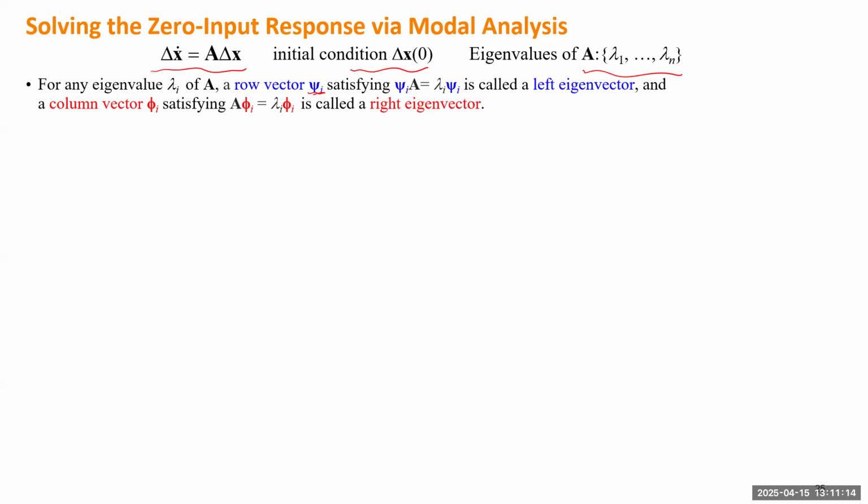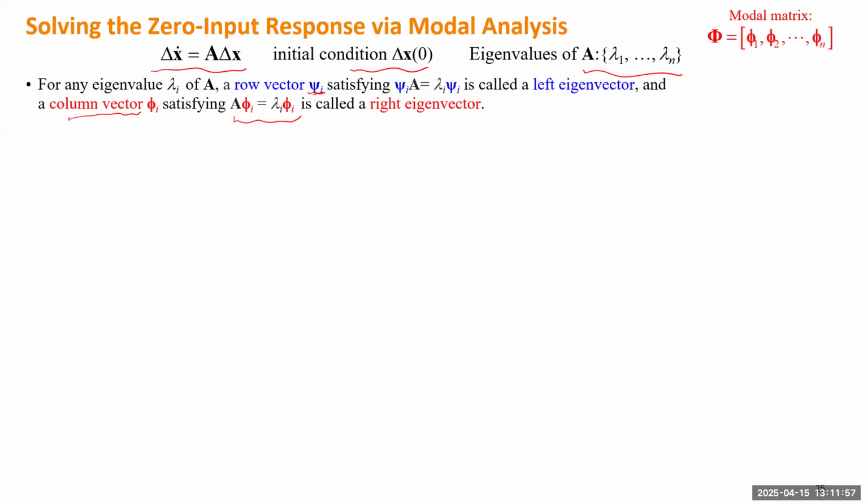Similarly, you can have another column vector. That column vector multiplying the A matrix from the right-hand side also becomes the same eigenvector scaled by lambda. So this one is called the right eigenvector. So whether it's left or right really depends on whether it is multiplying the A matrix from the left-hand side or right-hand side. Okay, so the left eigenvector will be a row vector, and the column vector will be a right eigenvector. Next, we can put all such columns for all eigenvalues together to form a matrix.